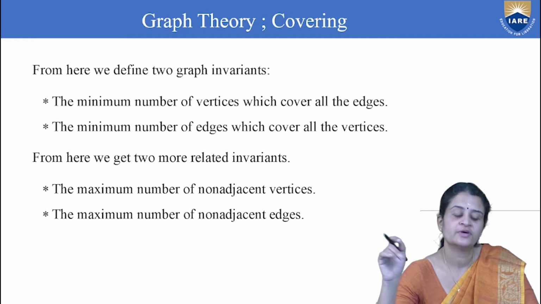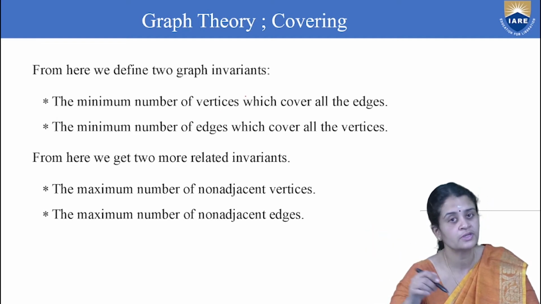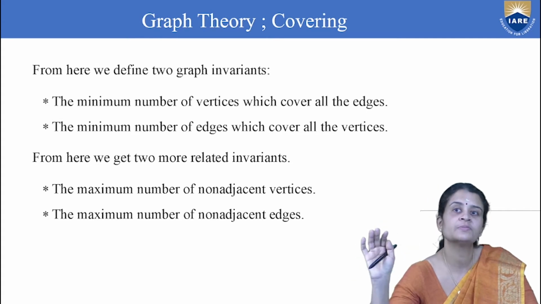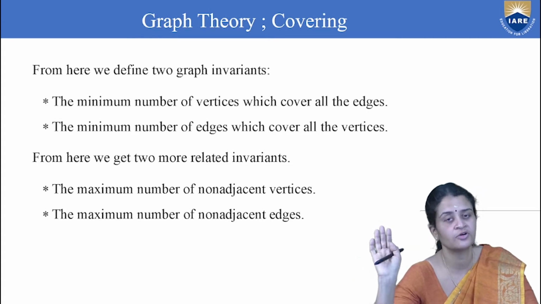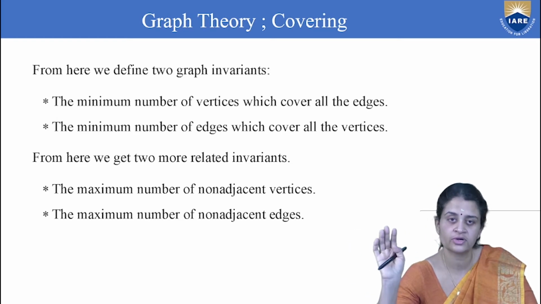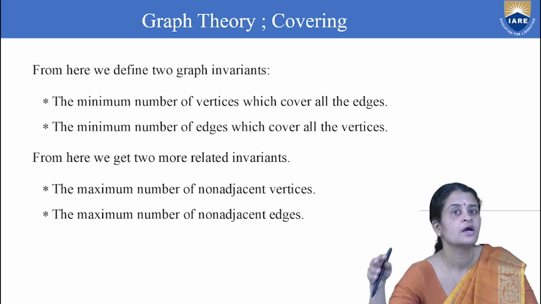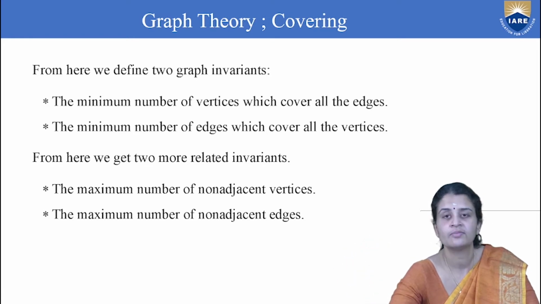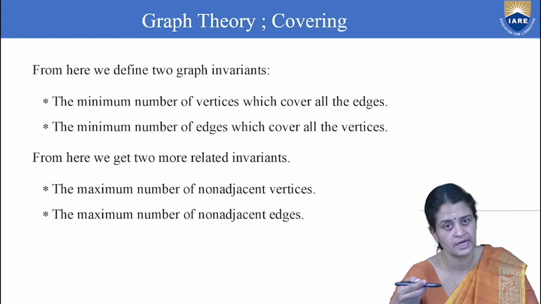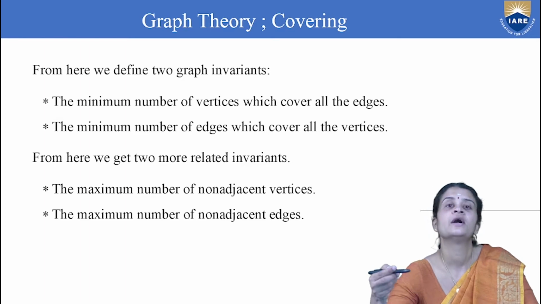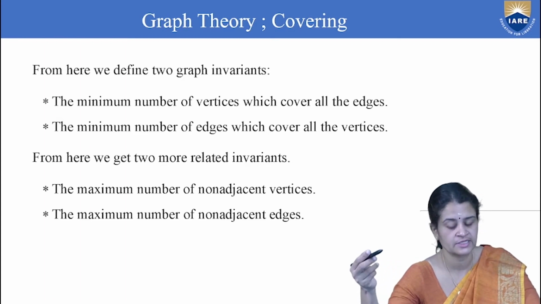The quantities that we are going to find here are the minimum number of vertices required to cover all the edges, and also the minimum number of edges required to cover all the vertices of a graph. With this we get another two quantities, called the maximum number of non-adjacent vertices and the maximum number of non-adjacent edges. We will see what these are and some of the properties regarding them.